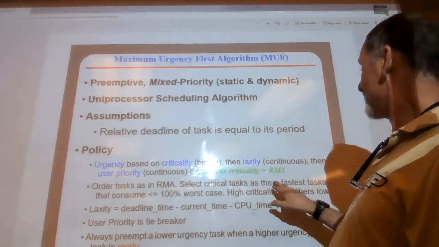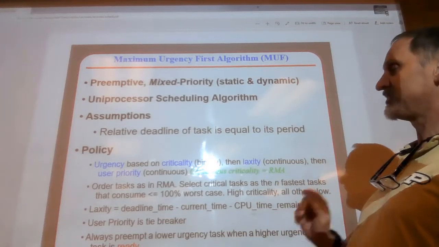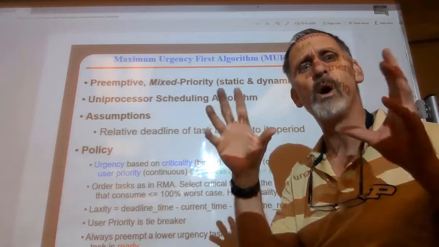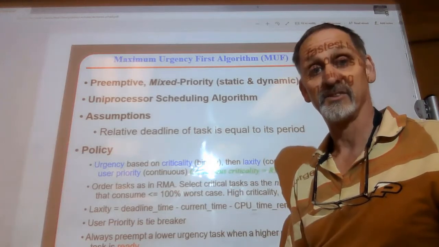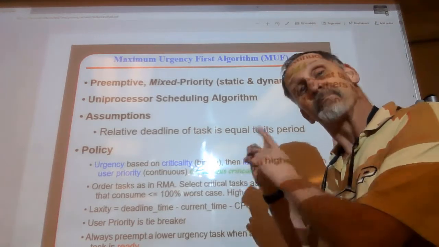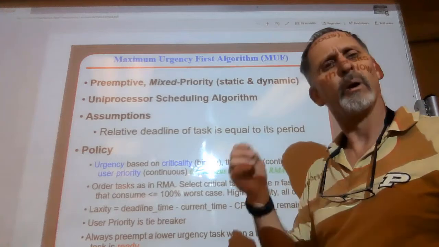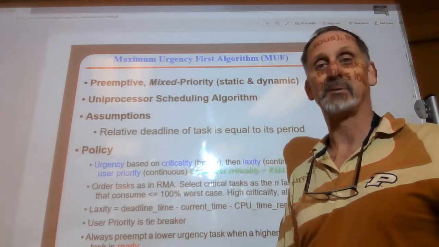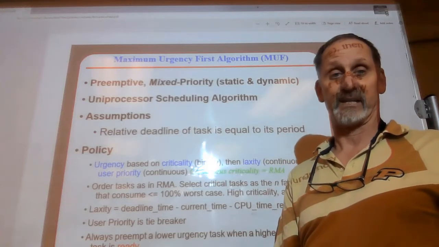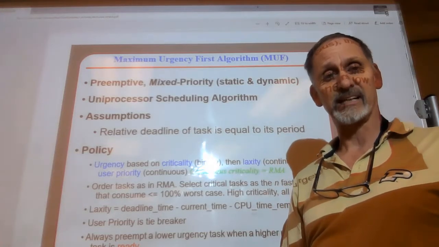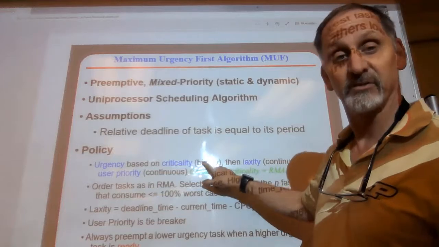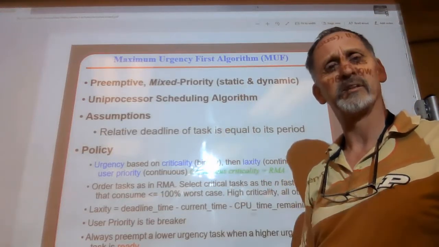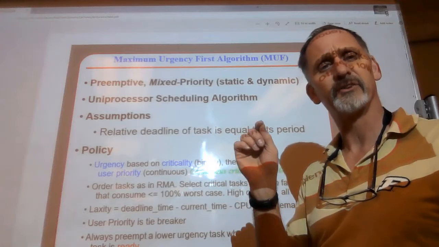These are the n fastest tasks that consume less than or equal to 100% of the CPU. So, in our previous example, where we had 3 tasks consuming a total of 96% of the CPU, all 3 of them are going to be in the critical task set. In other words, those values are going to be set to 1. All other tasks, the criticality is going to be set to 0.